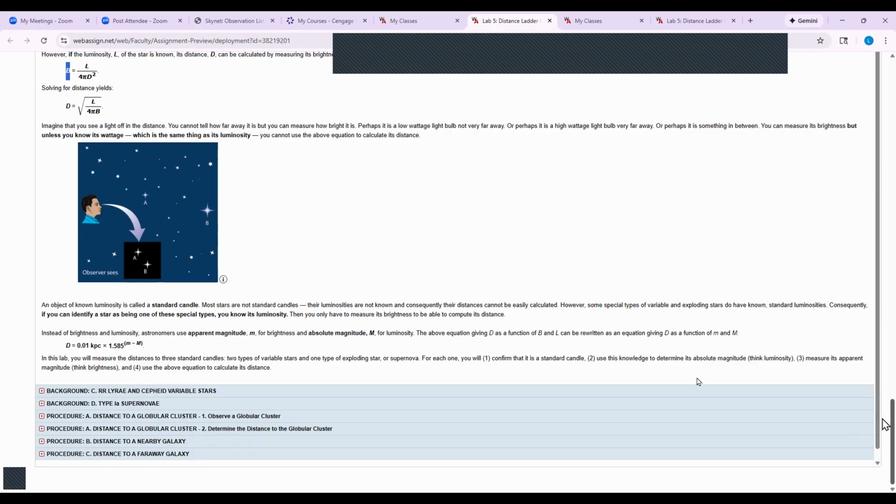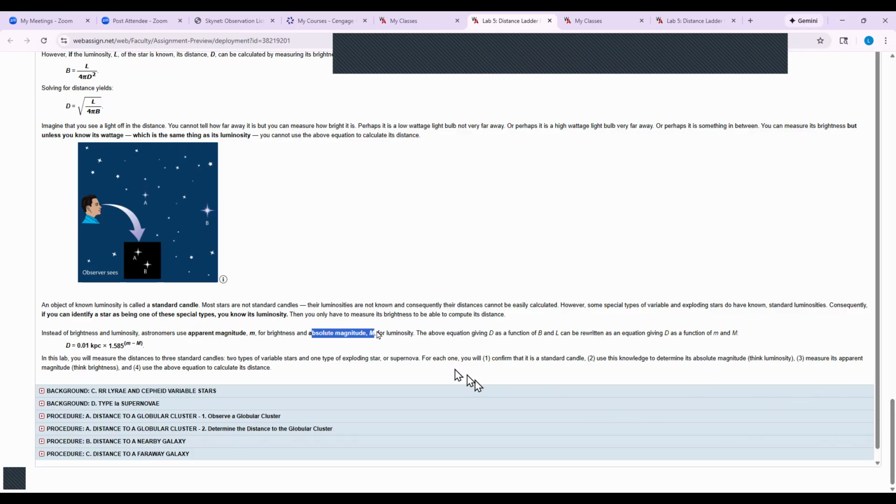And as we mentioned, professional astronomers normally use this formula to calculate distance based on capital M and lower-case m. The difference is that apparent magnitude, similar to the brightness B, is small m. The capital one is the absolute magnitude, corresponding to luminosity.